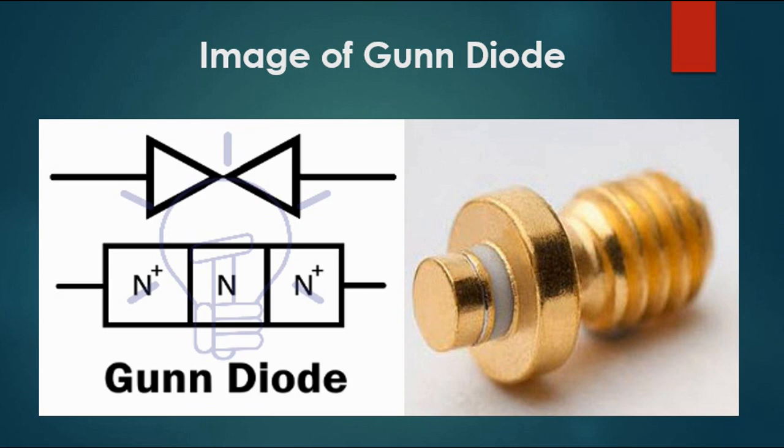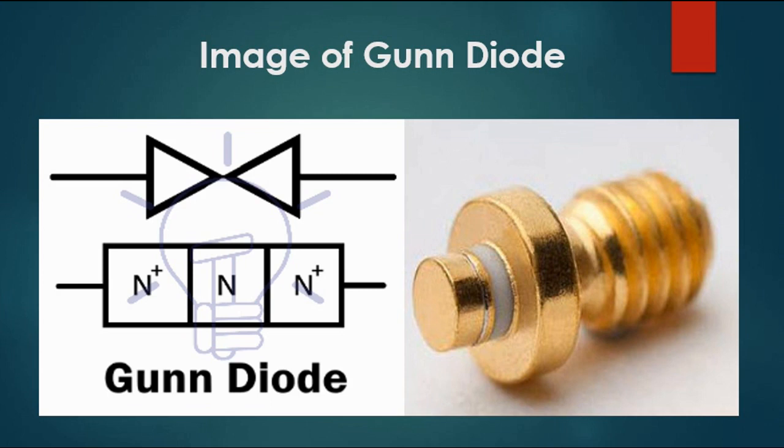All the material that the Gunn diode is using is N-type material, and N-type material is a negative type material. During the process of manufacturing, they have to make it, instead of P-type material at one side, N-type material at one side.